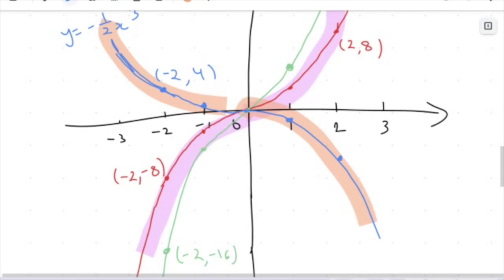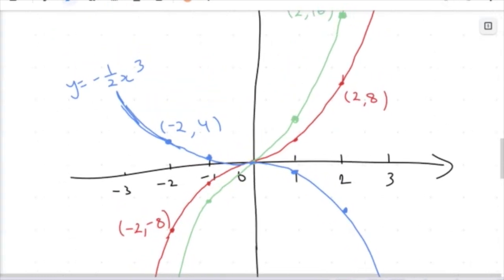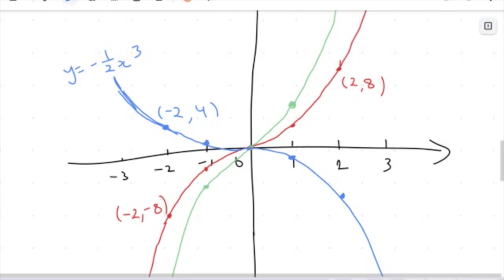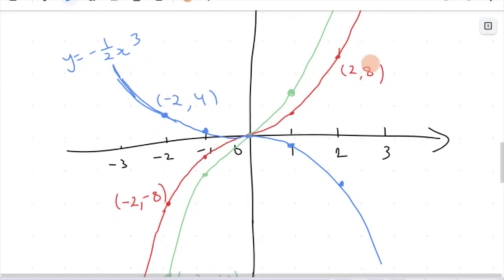I am transforming this by flipping it, by reflecting it in the vertical direction. And I can see that all my y coordinates are getting multiplied by a factor of negative a half. Here my 8 goes to negative 4. So half of 8 is 4, negative half of 8 is negative 4.